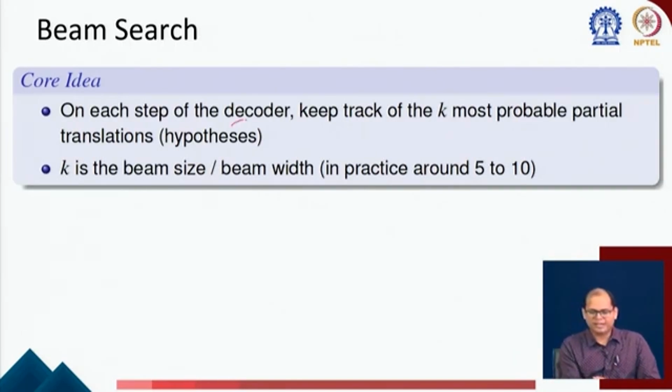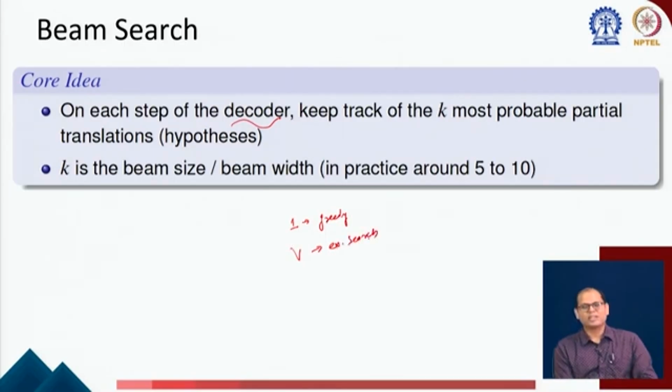When you are generating in the decoder, at each step, in greedy I keep track of only the highest probability. So only one in greedy. In the exhaustive search, I have to take care of all V. So I go in between. I say, okay, I will take care of only K most probable translations at every step.